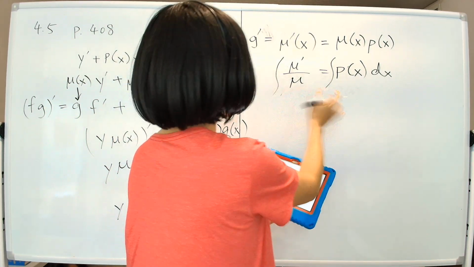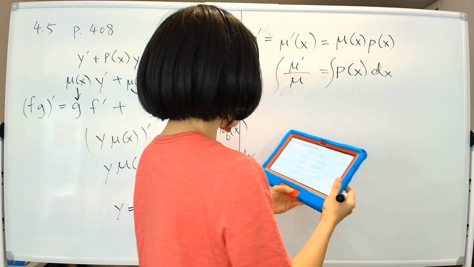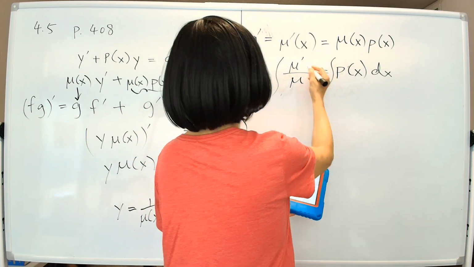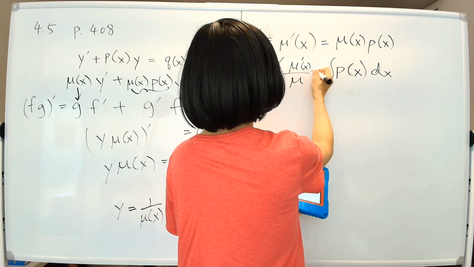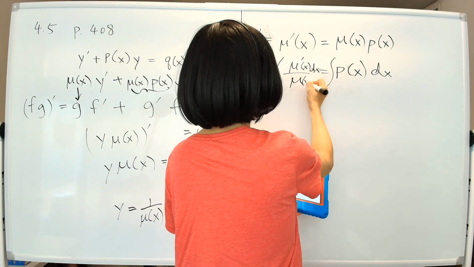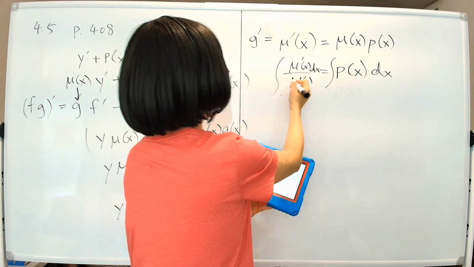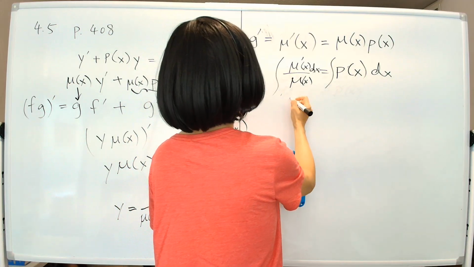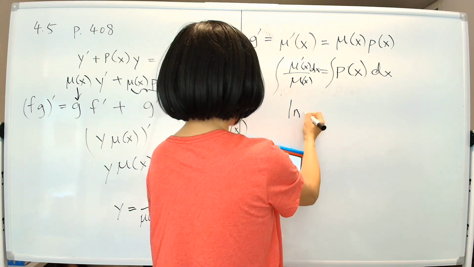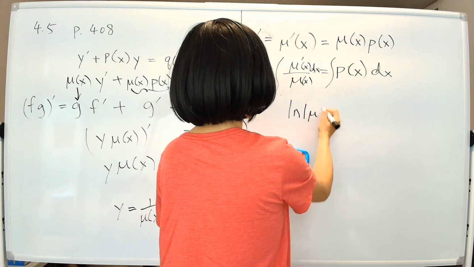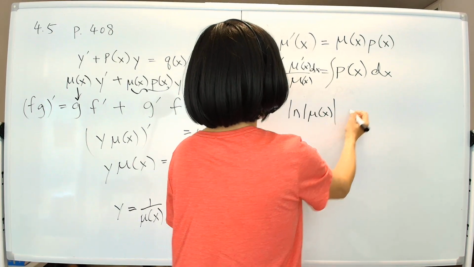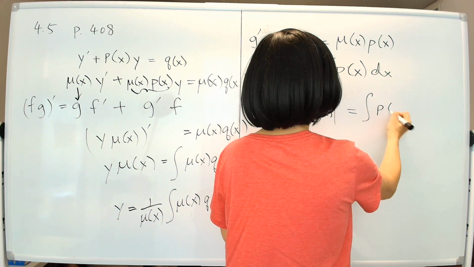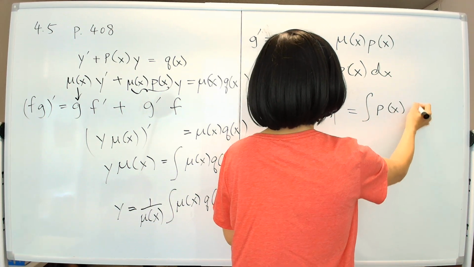The point is we're going to pull out this integration real quick, which is just mu prime of x dx. This integrates to become the natural log of mu of x, and that is the integral of p of x dx.